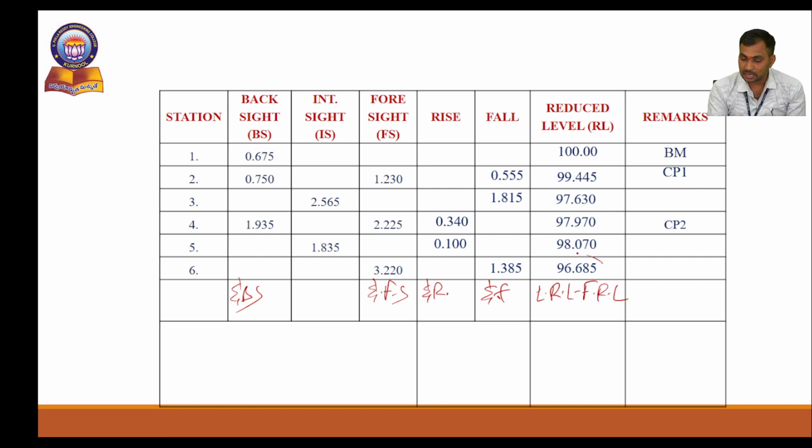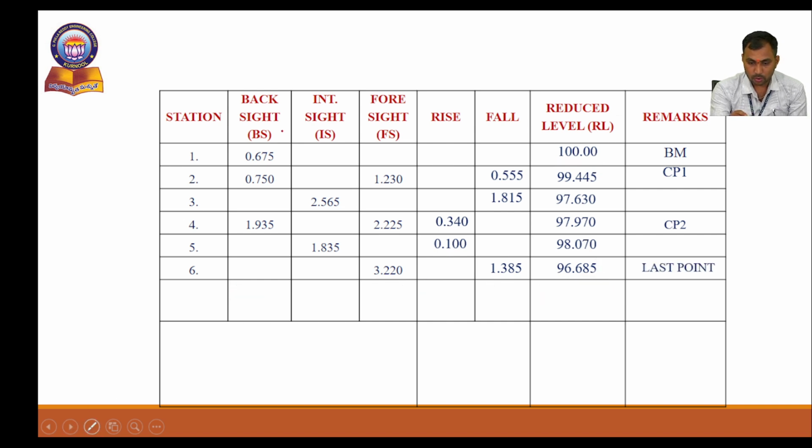What is the last RL? 96.685 minus 100. Let me check now. What is the summation of backsight? 0.675 plus 0.750 plus 1.935.